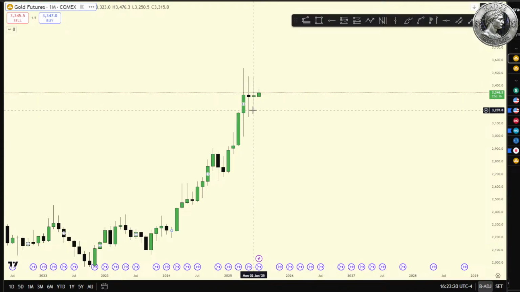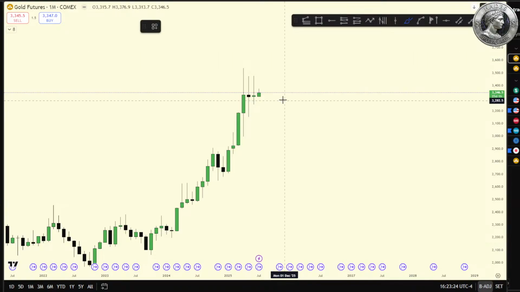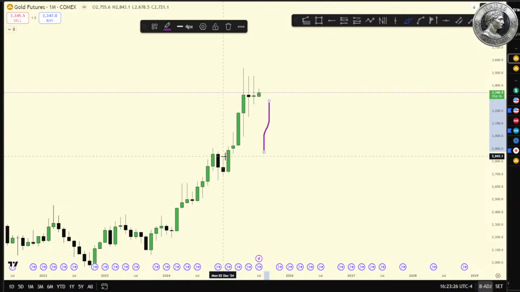And what we basically need is to see a large fake out on gold coming in this way. Why that way?